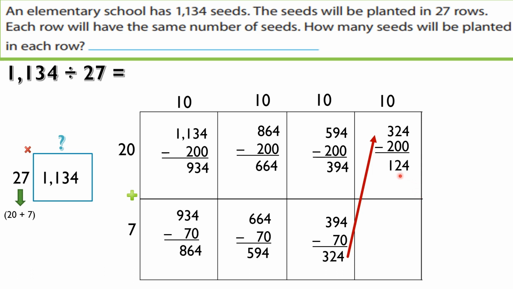Now this 124, we can get some groups of 7 from that. So we're going to take it down there and we can say 7 times 10 equals 70. So 124 minus 70 equals 54. 54 is greater than 20 plus 7. So that means we can continue working on this problem to see how many more groups of 20 and 7 we can get from this.